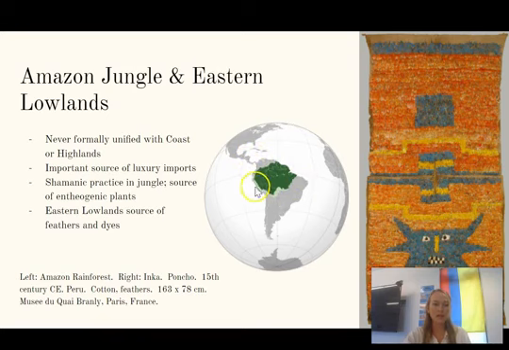It was never formally unified with the coast or highlands peoples, but it was a very important source of luxury imports for people living in the mountains and on the coast. So things that you could get from there would be like exotic animal skins, feathers. This is an example of an Inca poncho where all of these colors you're seeing are little pieces of feathers that have been tied together and introduced into the fabric.